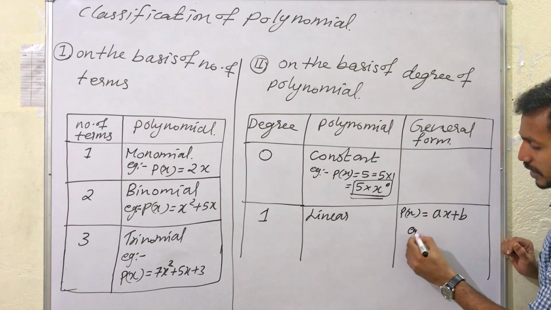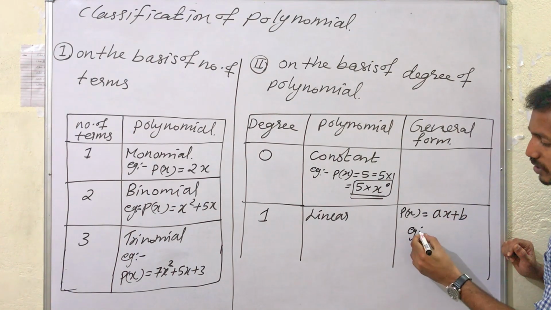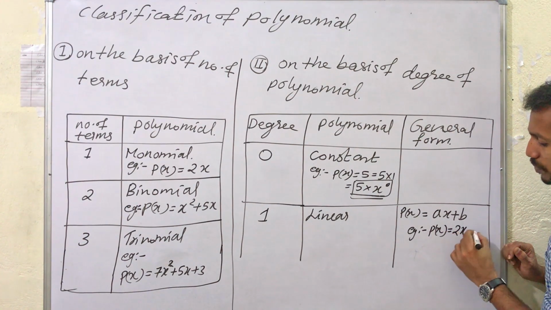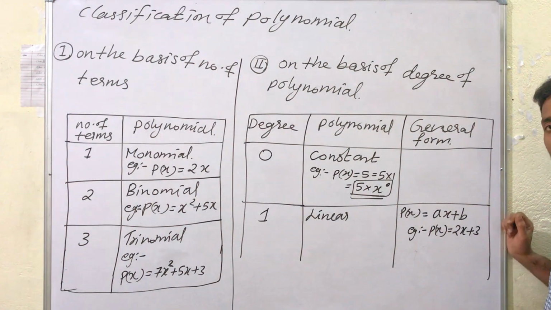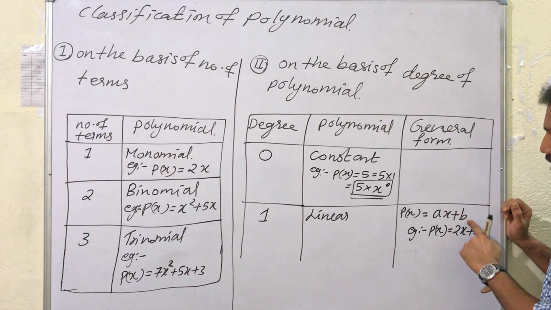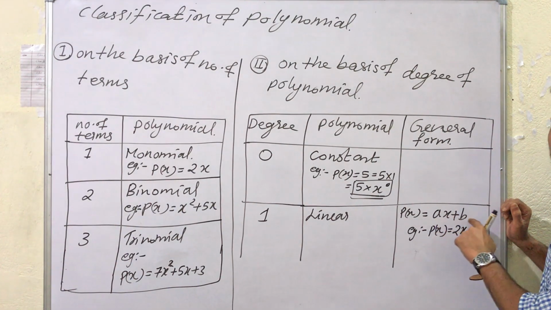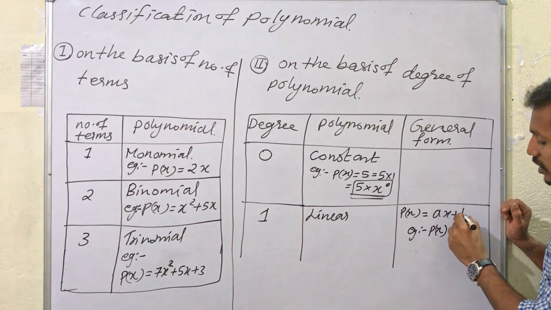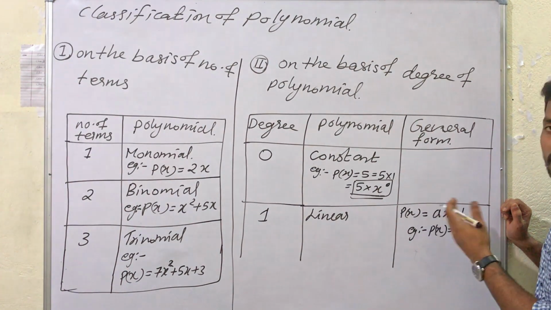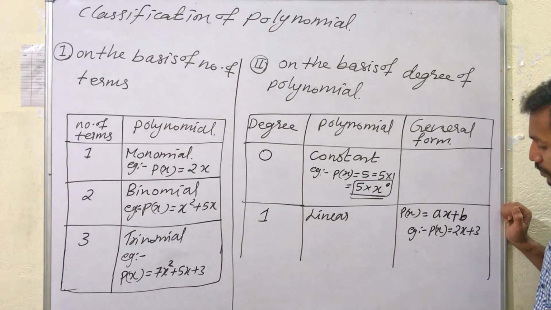Here the degree is 1, x to the power 1. For example, p of x is equal to 2x plus 3. That is a linear polynomial where a is 2 and b is 3. I have already explained in the general form how we write a, b, c, d, e, f like that in the decreasing order of power.